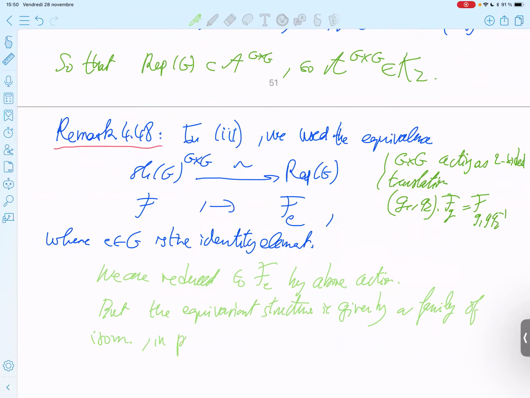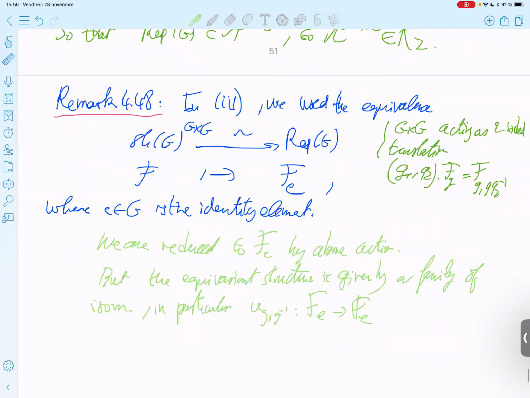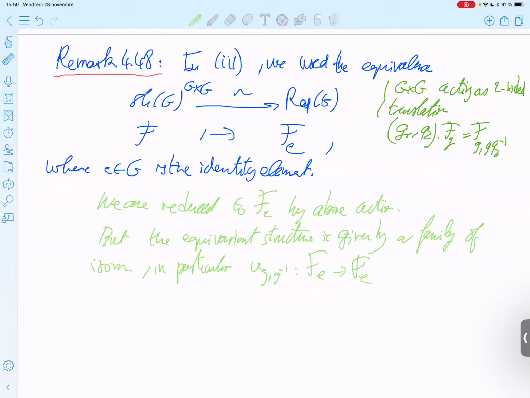In particular, you have this kind of U_g, g inverse from Fe to Fe. And this is giving an element in Rep G, or an object in that.